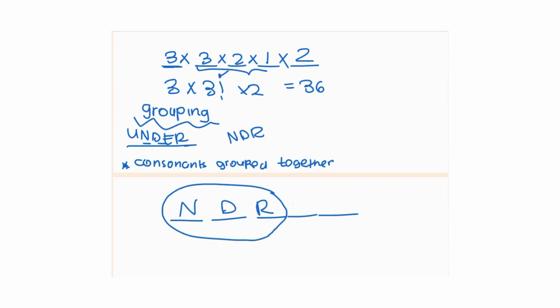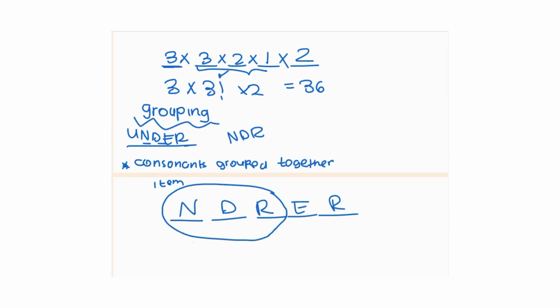Then I'm left with E and R. Whenever you're grouping, you take what you're grouping, you write them together. It's fine, don't worry about which one must come first. We will attend to that in a second. But you take what must be together, you circle it, you treat it as a single item, meaning now you're no longer working with 5 positions as we had 5 positions for under. Since this is a single item, it's a single position.